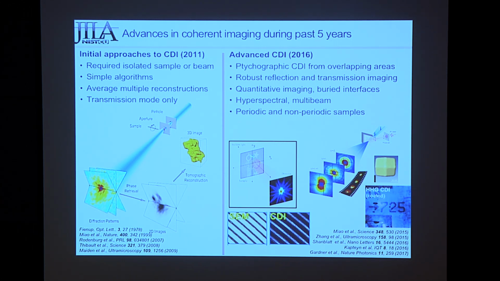But if you scan over overlapping areas and then force the algorithm to come up with both amplitude and phase of the illumination and amplitude and phase of the object, if there's 50 to 80% overlap, it turns out that's so over-constrained that now you can implement what you would call a real microscope, where you're scanning over a surface, you don't need isolation, and it is really changing coherent diffraction imaging. It's a field that's famous for its acronyms. So this one is called ptychography.